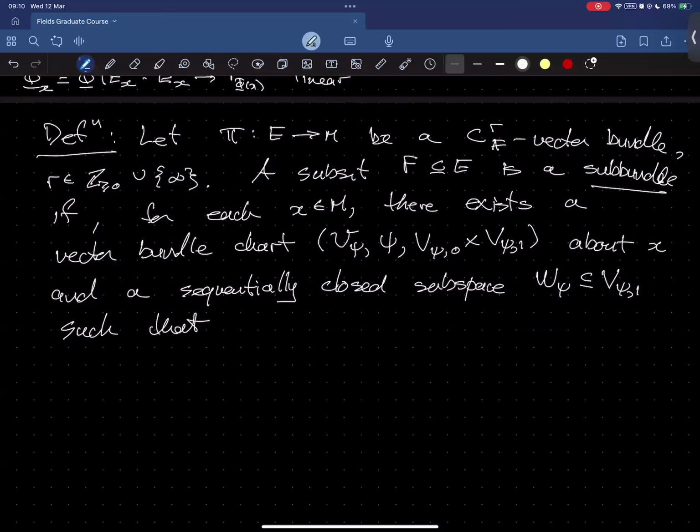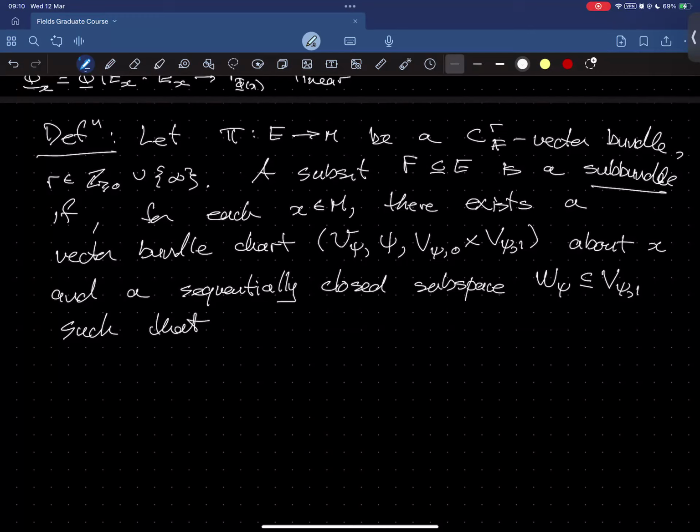So you're interested in how points in F look when you take their image under the vector bundle chart psi.